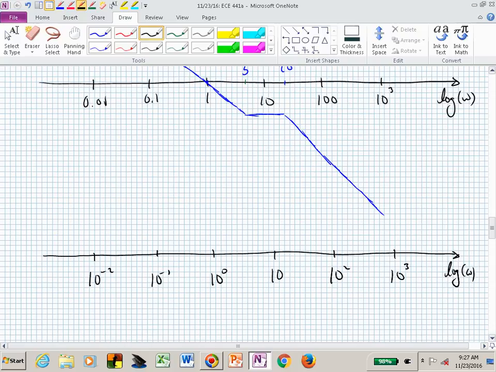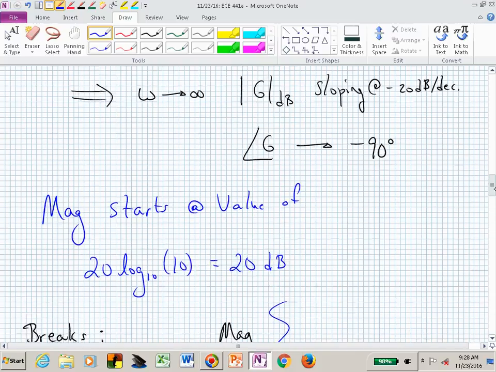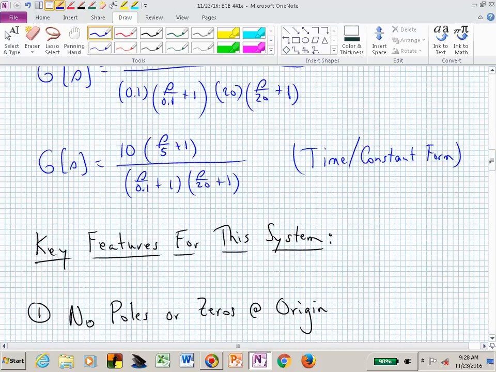Now, what does our phase curve, or phase plot, look like? At low frequencies, what's our phase? You can just put 0 in for s because I don't have any poles and zeros there, and I can see that, oh, I just have 10.